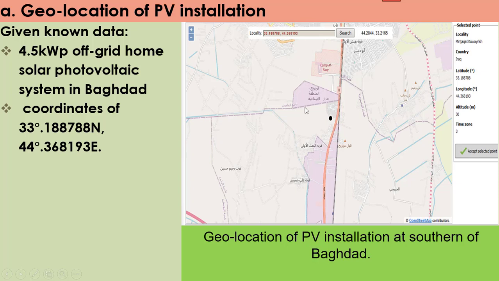As we see in this map, it represents the geographic location of the photovoltaic installation at the south of Baghdad.